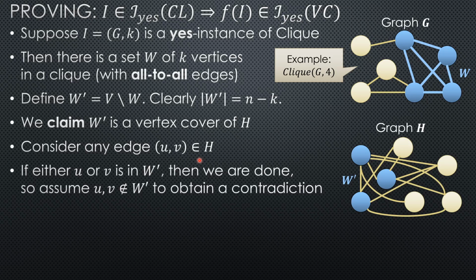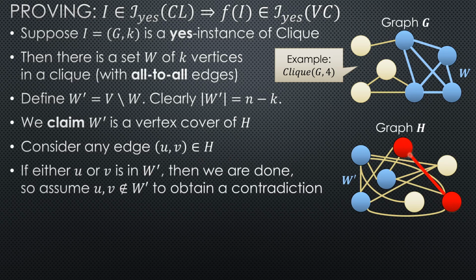So let's assume, to obtain a contradiction, that the edge is not covered by W prime. Then neither U nor V is in W prime. Well, that means U and V are both outside of W prime. And what's the set of nodes that's not W prime? Well, it's just W. So that means U and V are both in W. But what that means is there has to be an edge in H between a pair of nodes in this clique.